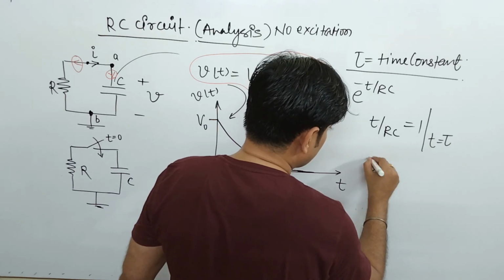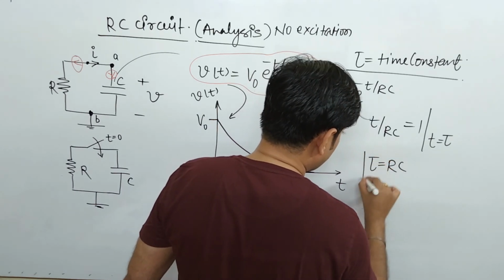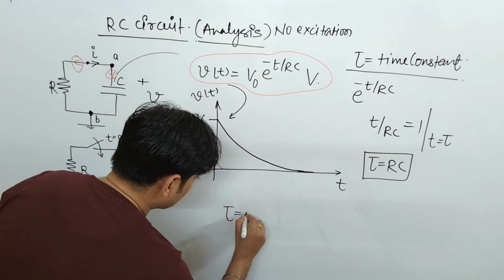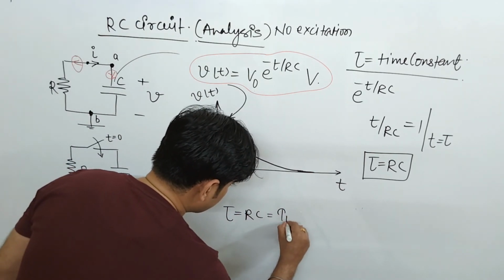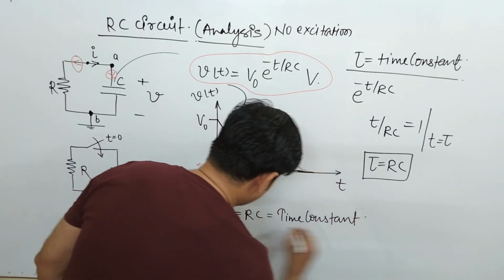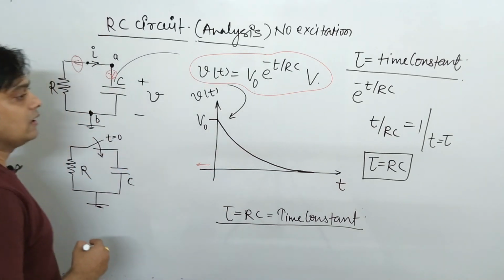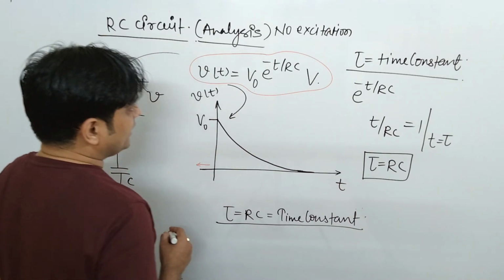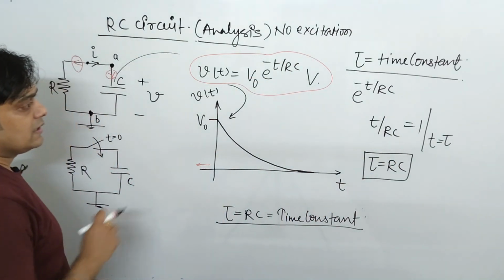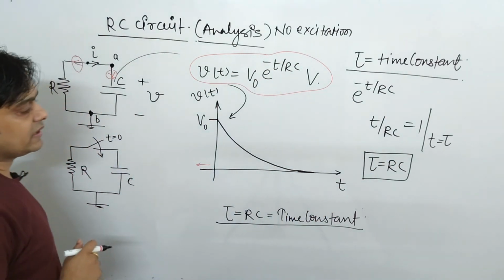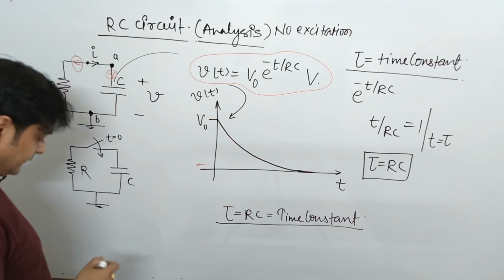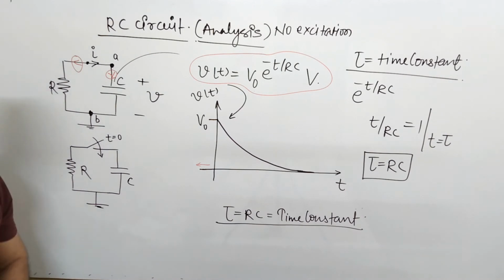So the value of tau comes to be RC. This tau is known as the time constant of an RC circuit. Very important expression. If you put t by RC as 1, this becomes e to the power minus 1, or V naught by e. Let me solve it here.